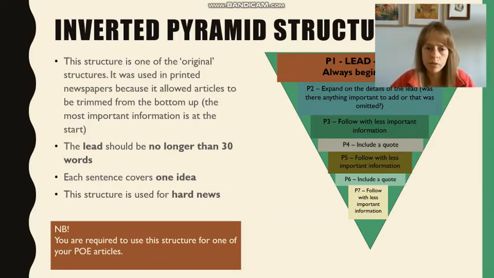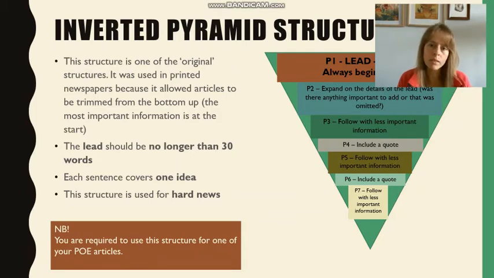Okay, so when we talk about the inverted pyramid structure, we know that there is a lead. The very first paragraph of the article will be the lead, and in the lead you will have the 5 W's and an H, what we discussed in a previous class, and the lead should never really be longer than 30 words.